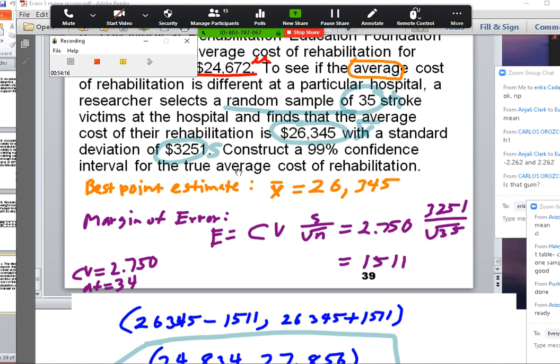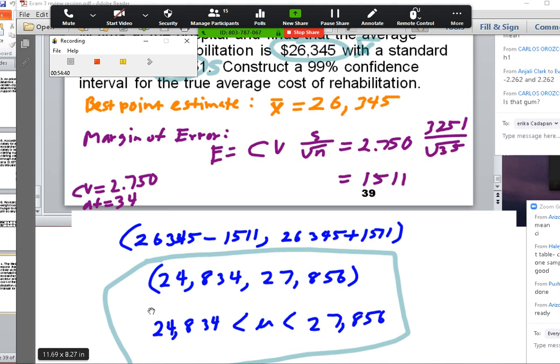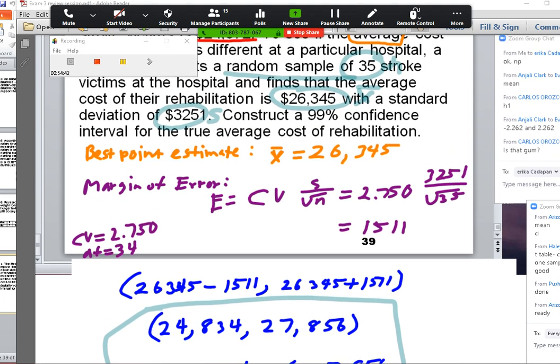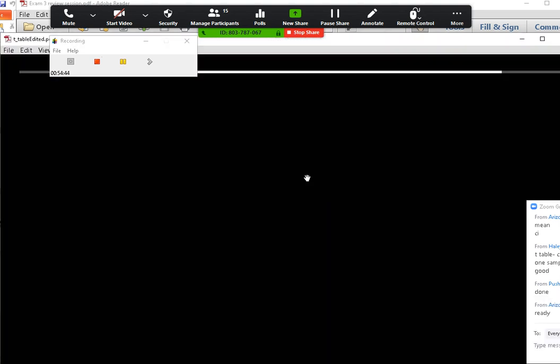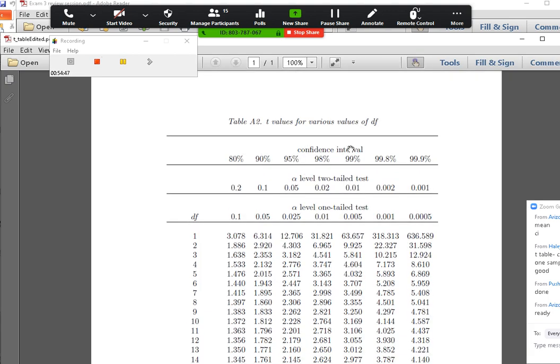Margin of error is equal to the critical value times s over square root of n. So I need to find my critical value. All right, so 35 people, and it's a 99% confidence interval. So I'm going to bust out my t-table, and for 99% confidence interval, that's this fifth one out here.